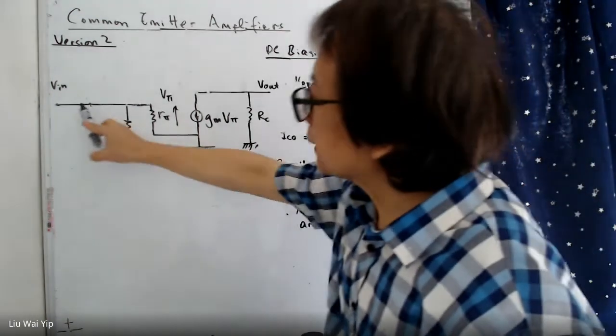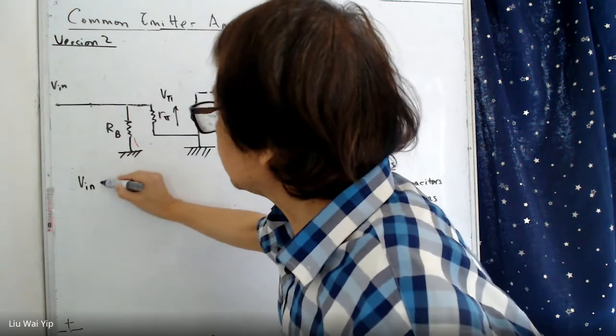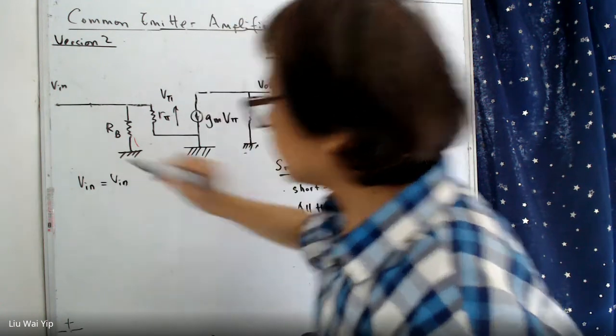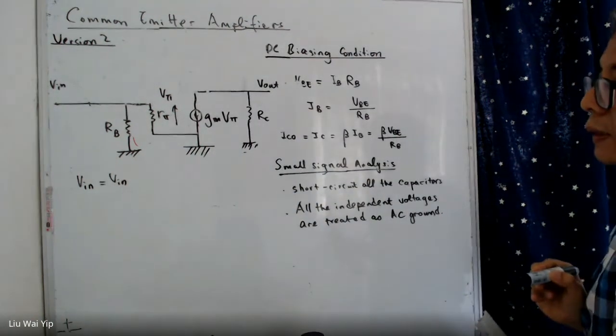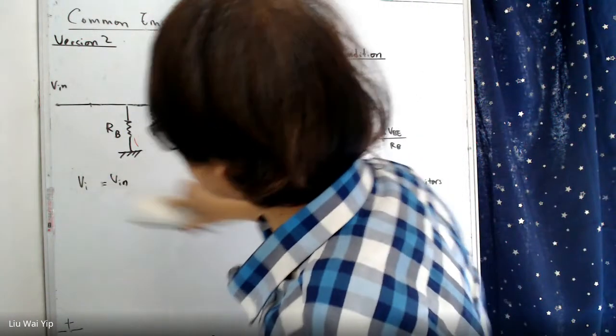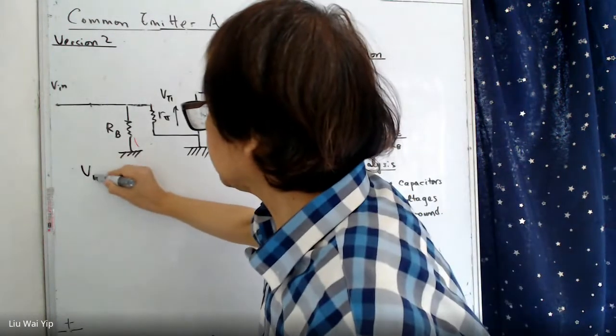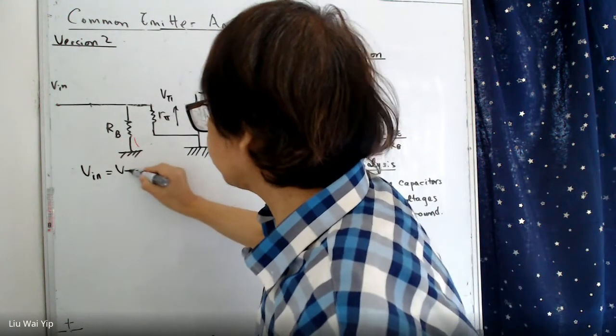And according to here, V pi is equal to V in. So V in is equal to V pi.